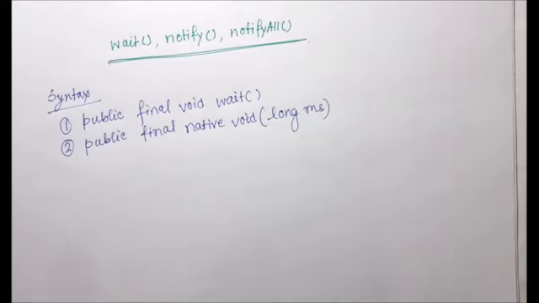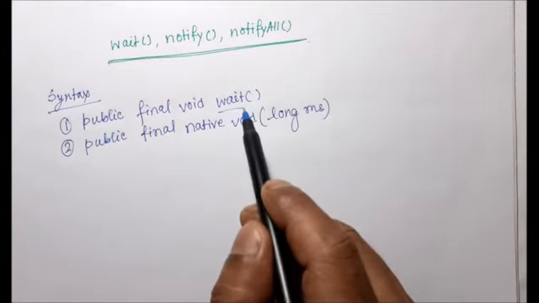Suppose two threads are waiting for each other. If I use the first wait method, what will happen?